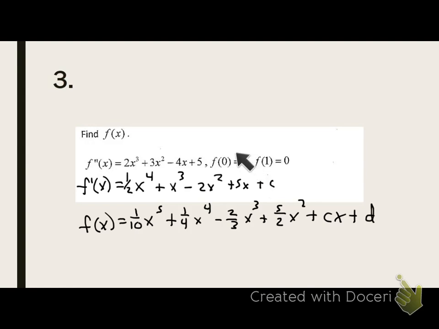Now, f of 0 is imperative here. All this becomes 0. What's d? 1. Okay, so I'm going to erase that d and put in a 1.